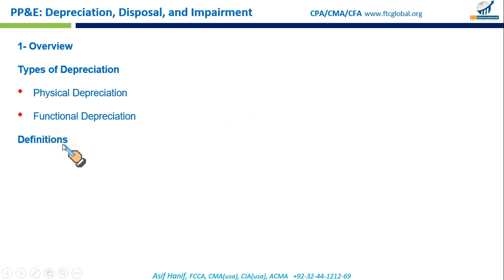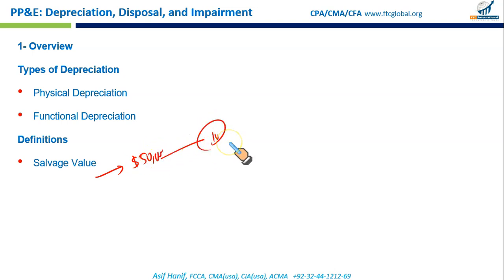Let us now discuss some basic definitions. First, we have salvage value. Salvage value is basically the expected value of an asset at the end of its useful life. Consider a company purchases equipment for, let's say, $50,000 and it is expected to last 10 years. The estimated salvage value, let's say, is $5,000.